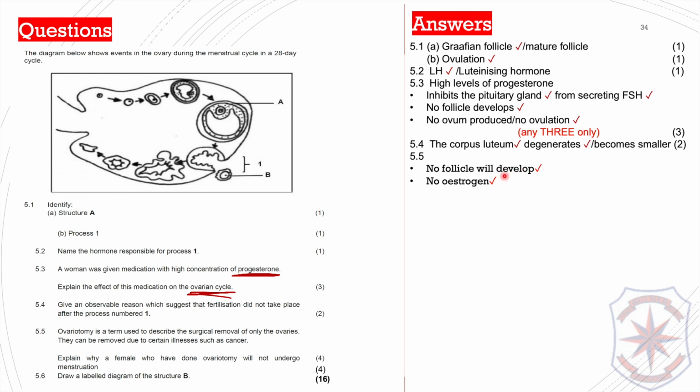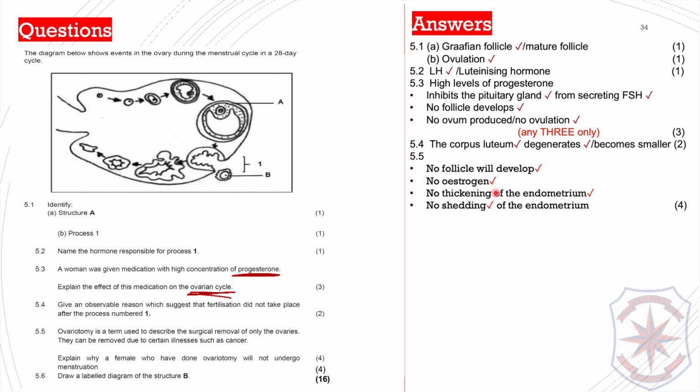Remember, the follicle, the bigger it grows, it produces estrogen. So estrogen will be no more. So there will be no thickening of the endometrium. The function of estrogen is to thicken the endometrium. So the endometrium in the uterus will not thicken.